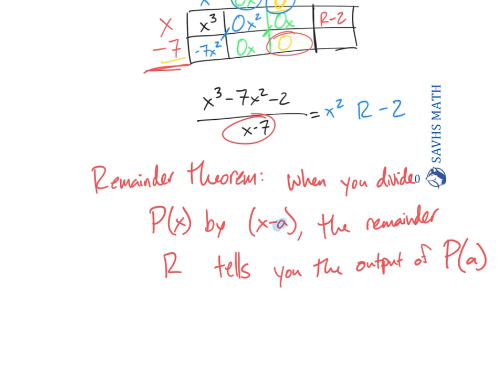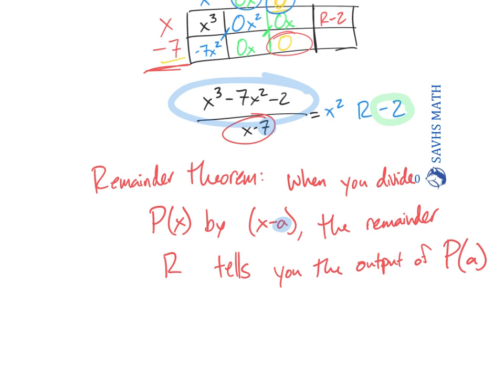So what that tells you is if you put in 7 into this polynomial, you will get out this, negative 2.